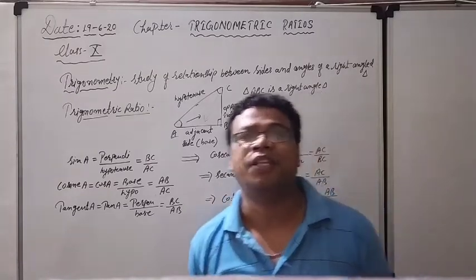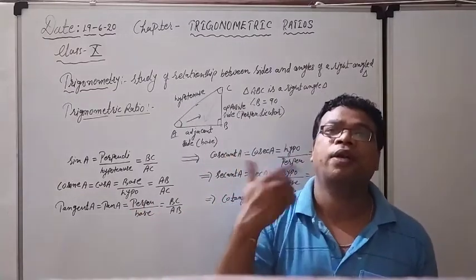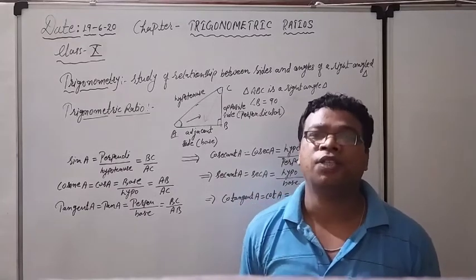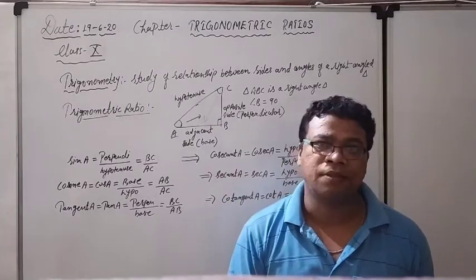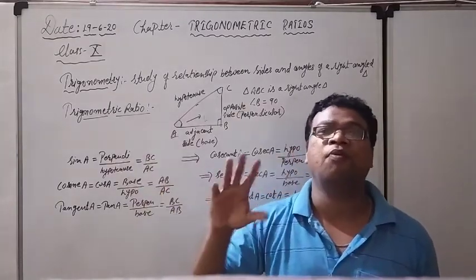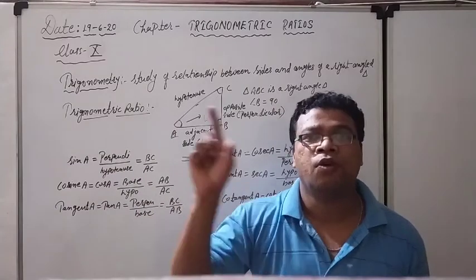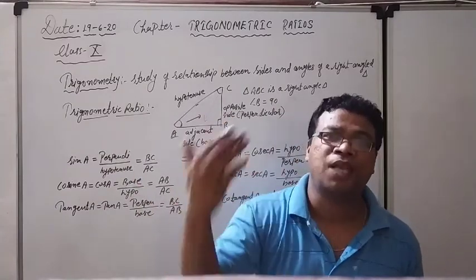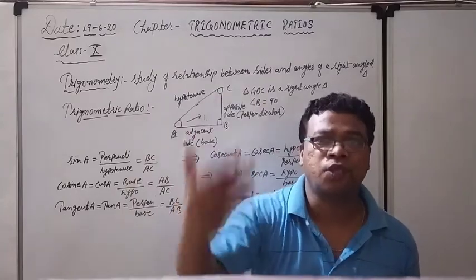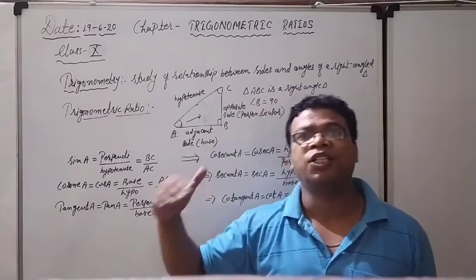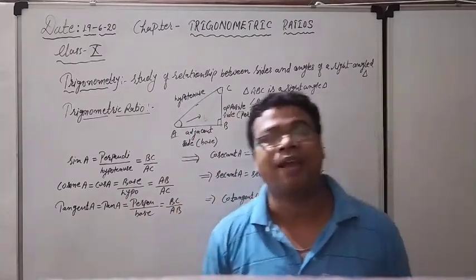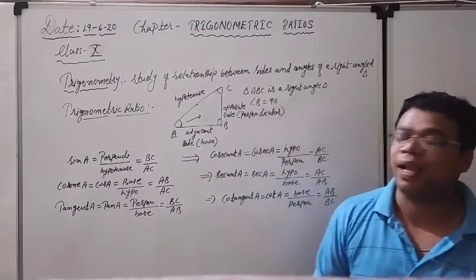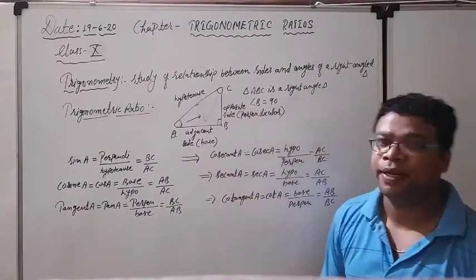And the third one is tangent, tan theta or tan A or any other angle, equal to perpendicular upon base. After that you just have to remember which one is the reciprocal of which. Cosec is the opposite of sine. Sec is the opposite of cos, and cot is just the opposite of tan. So this is all about the trigonometric ratios.